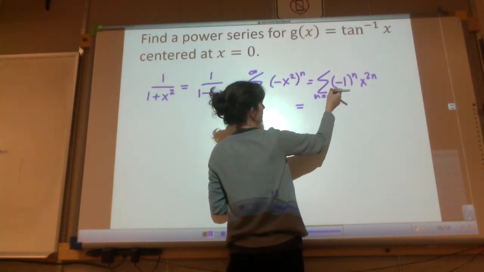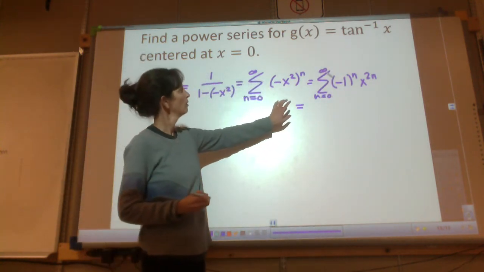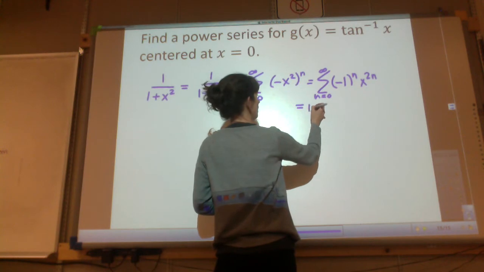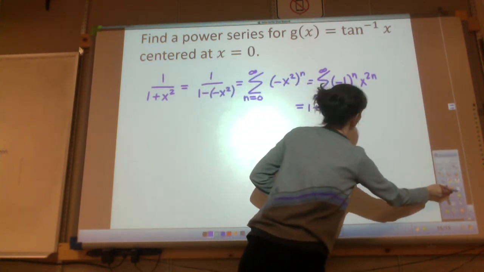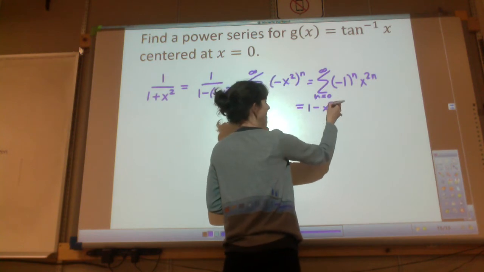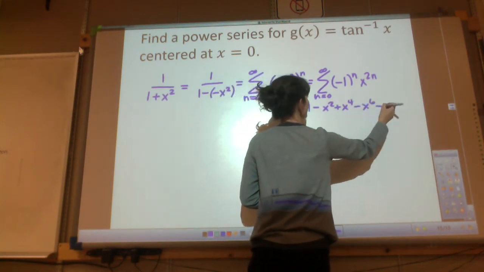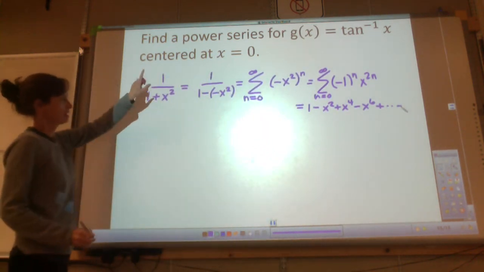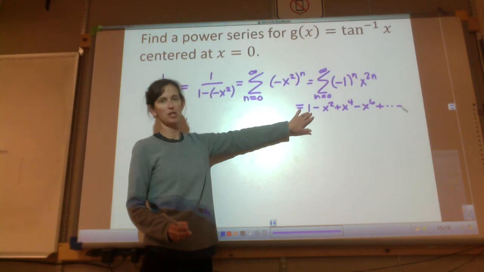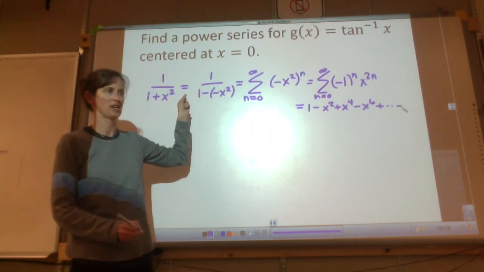That is a fact. So we get 1 minus x squared plus x to the 4th minus x to the 6th, and so on. This series is a polynomial approximation not of arctangent, mind you, but of the derivative of arctangent.